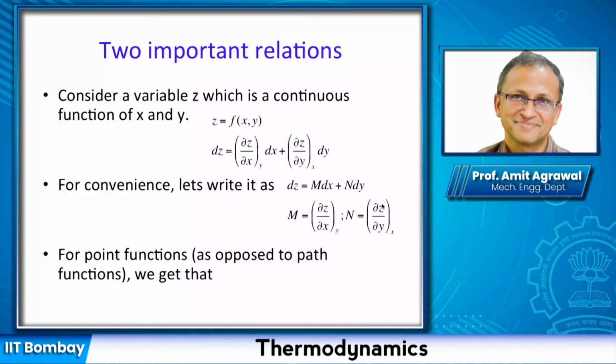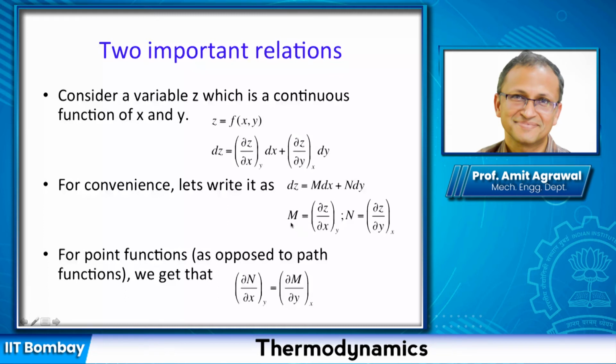Now, for point functions as opposed to path functions, we get that the derivative of N with respect to x is equal to the derivative of M with respect to y. We have now defined M and N, and if we take the x derivative of N and the y derivative of M, they will be the same. By taking the x derivative of N, we are essentially taking the derivative of z twice, once with respect to y and then with respect to x.